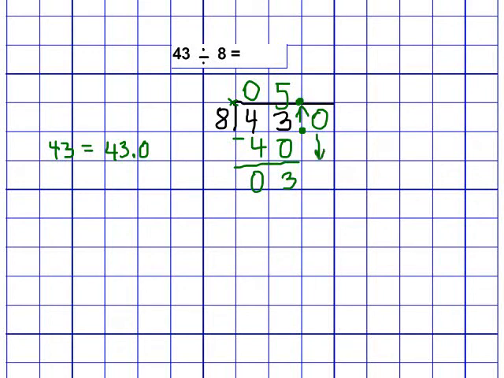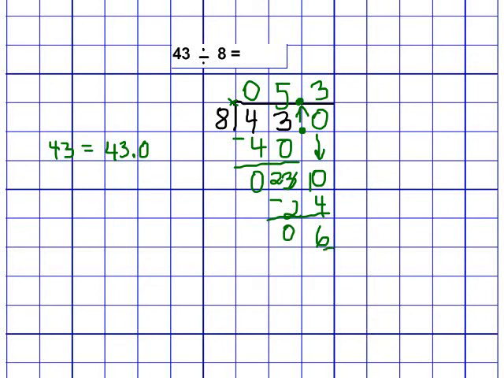Let me go ahead and bring this down. 8 can go into 30 3 times. 3 times 8 is 24. And when I subtract that, I have a 6 as a remainder. Okay, I'm going to regroup that. 10 take away 4 is 6, and 2 take away 2 is 0.